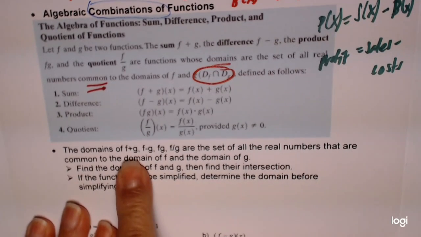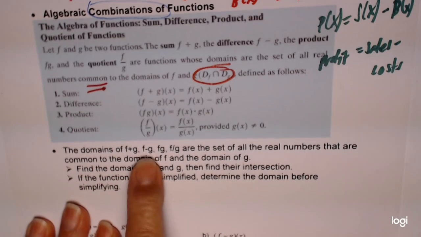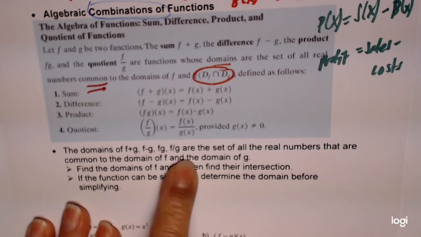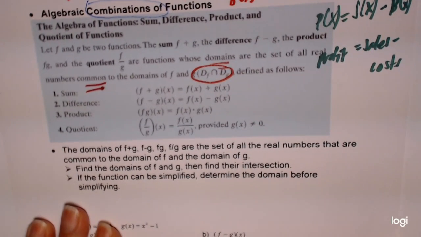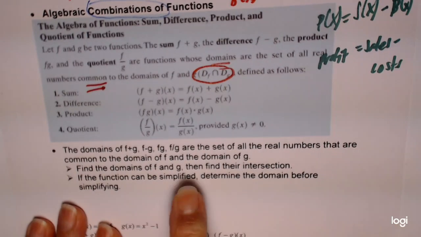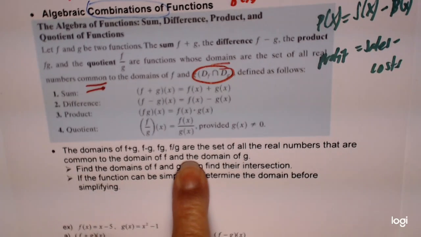After we've created these new functions, either through addition, subtraction, multiplication, or division, what we're going to have to do is look at the domains of each function independently. We're going to have to look at the domain of f, and we're going to look at the domain of g.